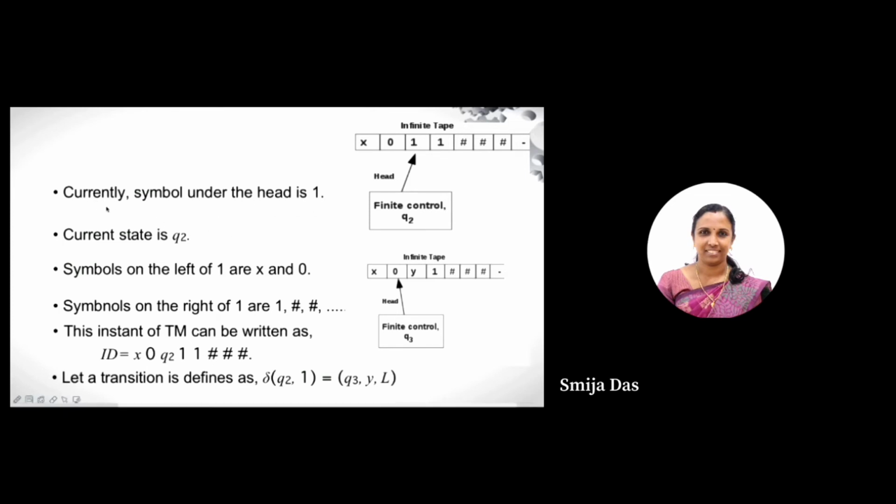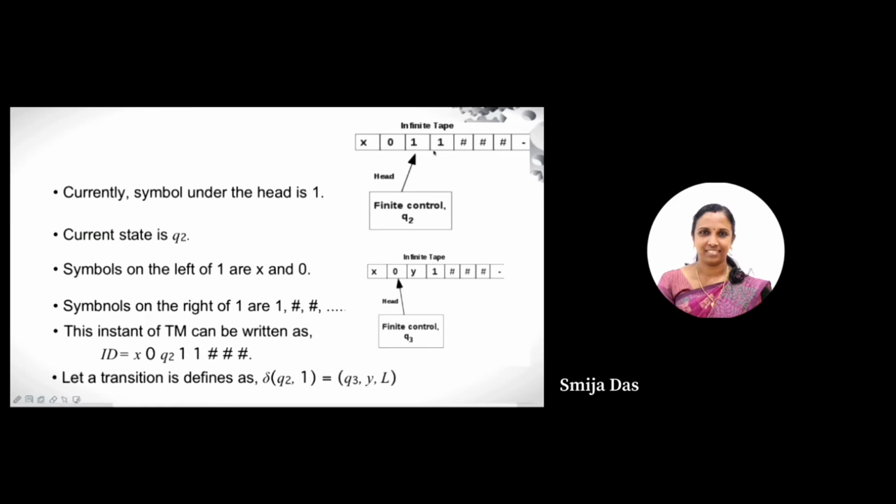Here, currently the symbol under the read-write head is 1 and the current state is Q2. The symbols on the left of 1 are X and 0. Symbols on the right of 1 are 1 and hash hash hash, etc.